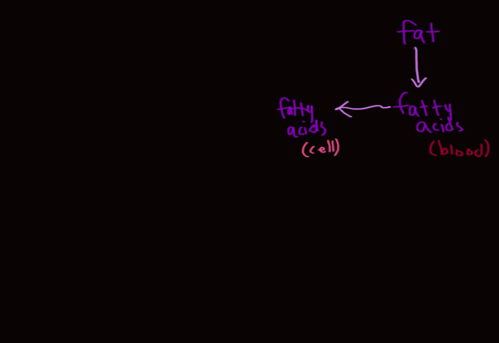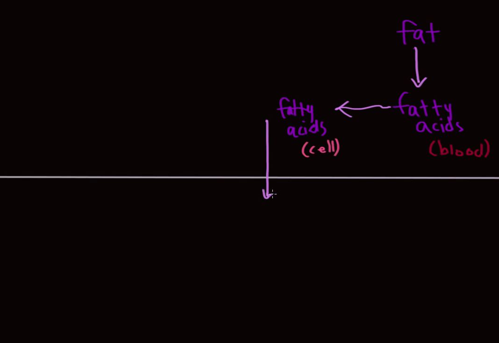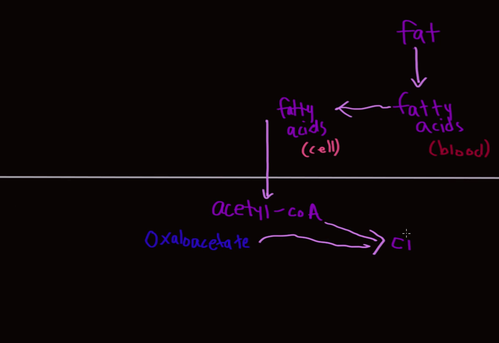Once they're in the cell, the fatty acids can be transported into the mitochondria, where they are converted into our old friend, acetyl-CoA. And as we know, acetyl-CoA is ready to be fed right into the citric acid cycle. So it combines with oxaloacetate, forming citrate, and the citric acid cycle can run as usual, producing energy.